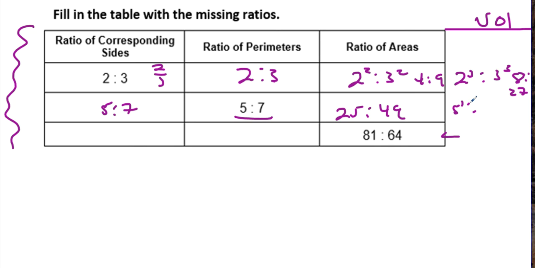So it's going to be 5 to the 3rd to 7 to the 3rd. If I give you the ratio of the areas, you just take the square root, like 9 to 8, and that would also be the same here. And here this would be 9 to the 3rd to 8 to the 3rd. Really big numbers. So that would be the ratio of the volumes.